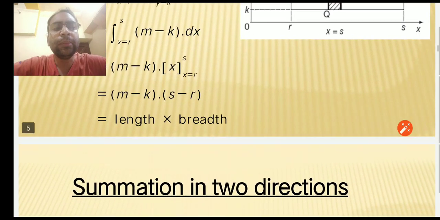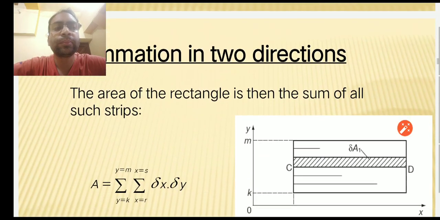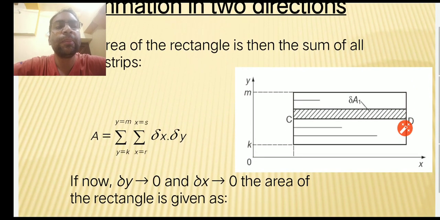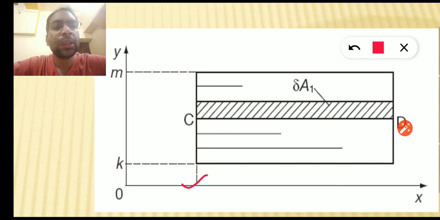In the similar way, we can also see by using a horizontal strip. In this case, we have applied the horizontal strip to evaluate the area del A, the area of the rectangle. Now we can see that the area is again bounded by four boundaries, where the boundaries of x are these and the boundaries of y are these.